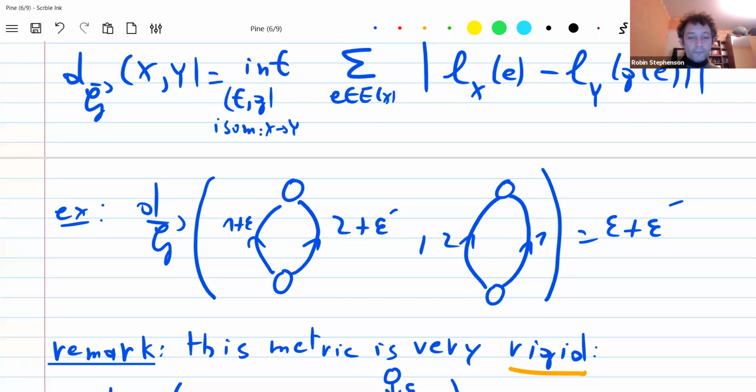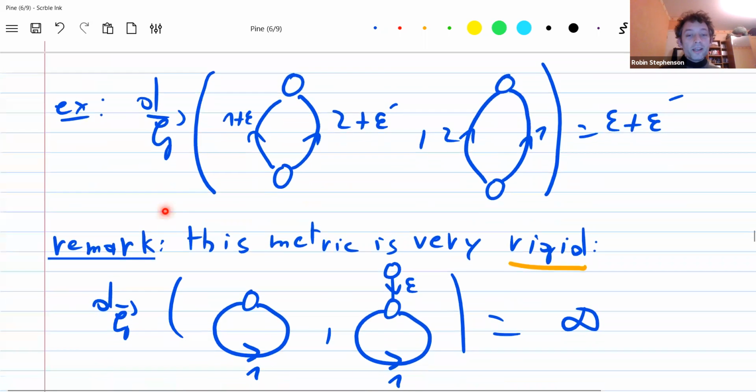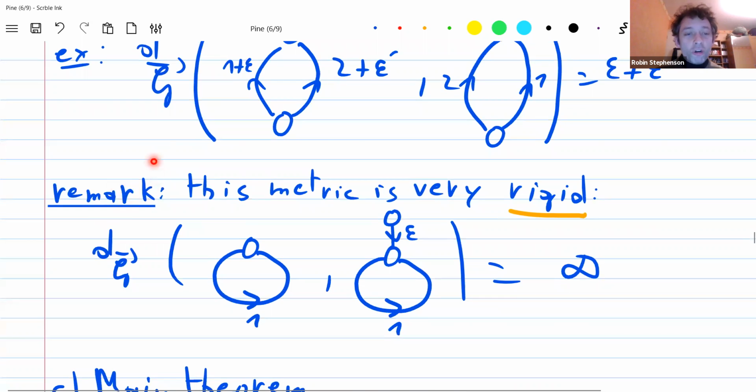And I'll finish this introduction to these objects and this metric by a remark. This is a very strong and rigid metric. By which I mean things that we would like to be close, maybe in other settings, don't end up being close at all. For example, I take one of the simplest multigraphs you could think of: one vertex, and it's a cycle. And I modify it by adding a second vertex and a very short edge from the new vertex to the original.